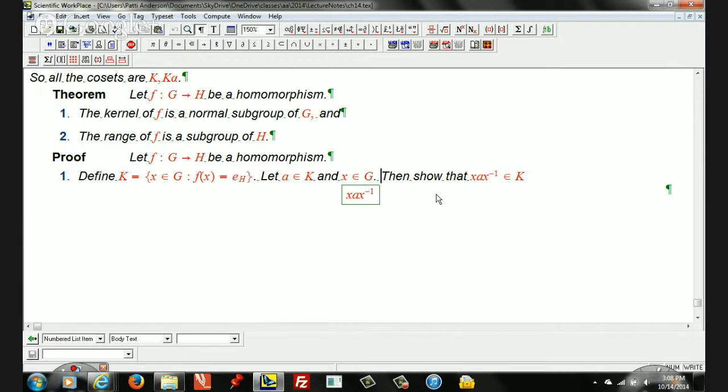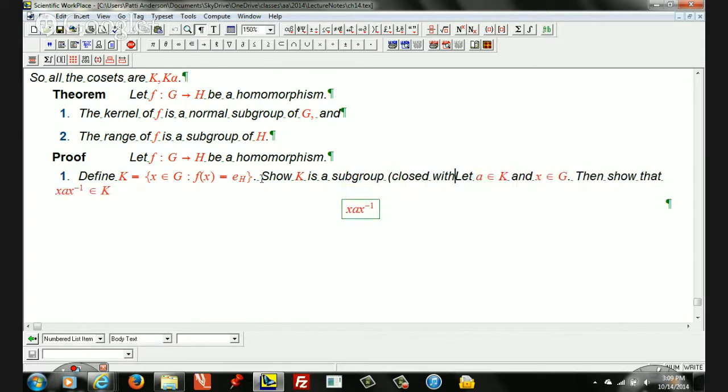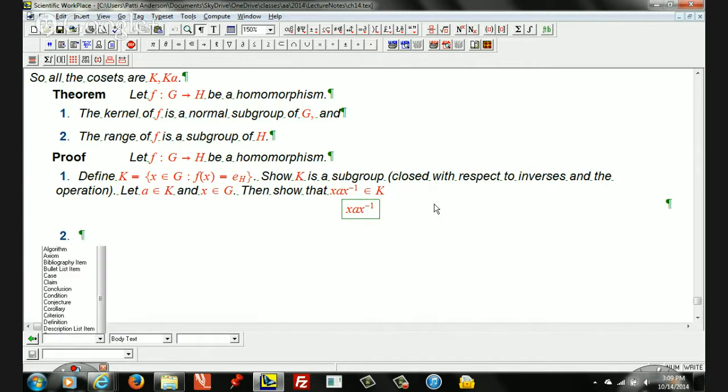To show it's a group, how do you show it's a group? Closed with respect to the operation, and inverses. So the things that they have to go through and do, they do the first one. How would you show the subgroup? We'll start with closure with respect to the operation.